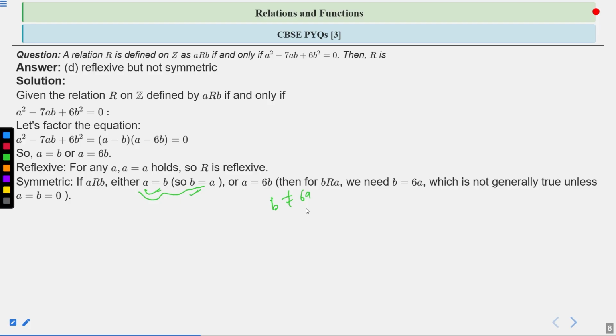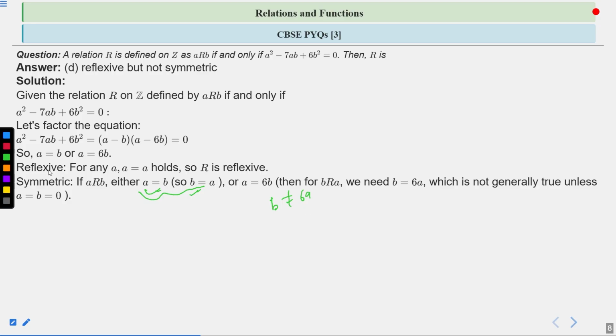Then for B related to A, we need B equal to 6A, which is not generally true. It is true only in one case, the case A equal to B equal to 0. So it is not symmetric.